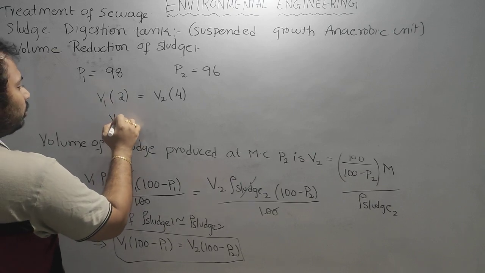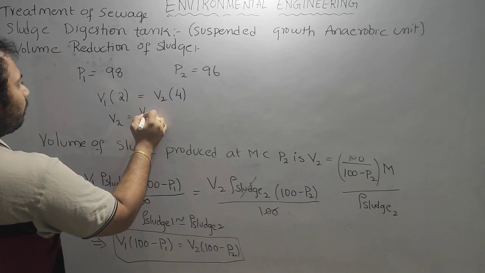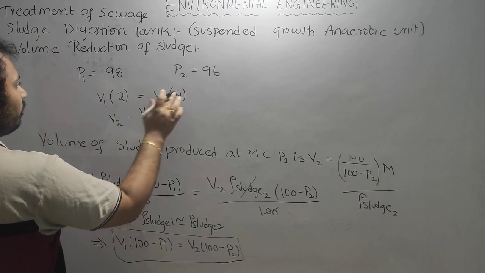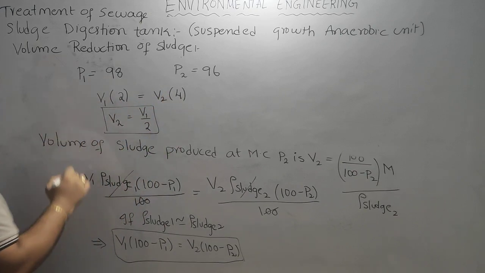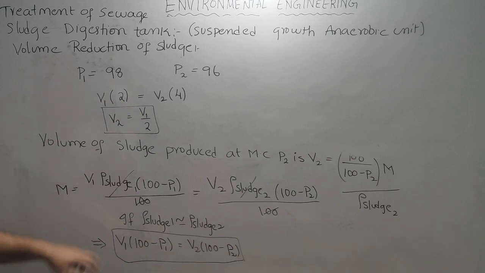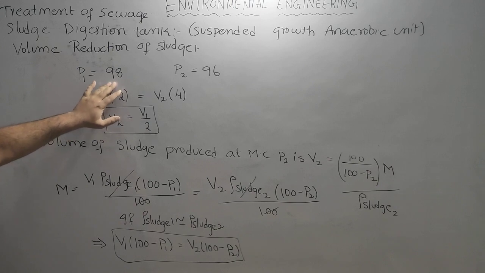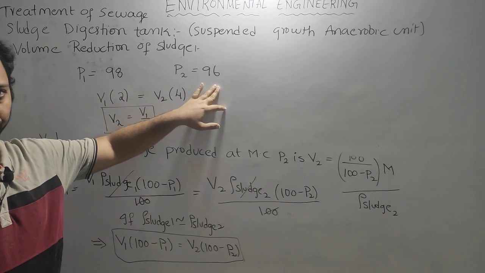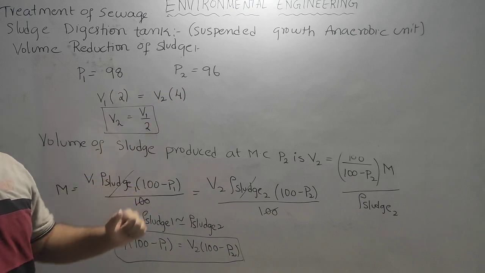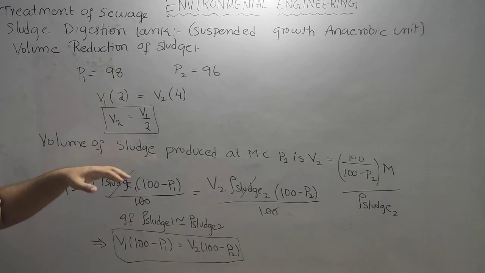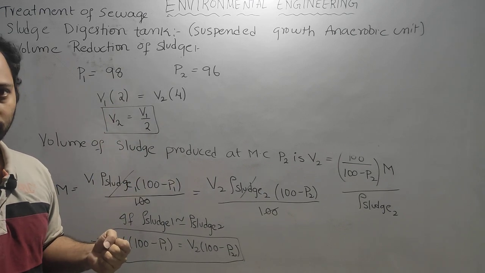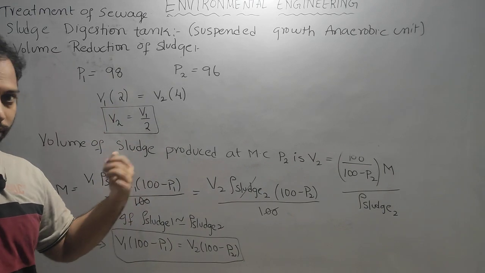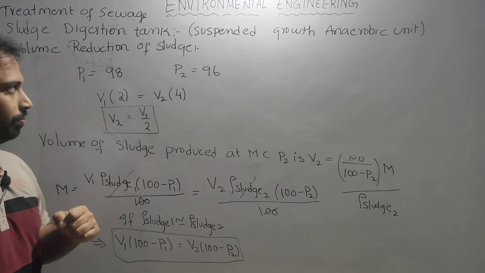Then V2 is equal to V1 by 2, since 2 by 4 is one half. That means the volume is reduced by 50%. Simply by reducing the moisture by just 2%, the volume of the sludge has reduced by 50%. So how much volume of the sludge digester can we save? 50% means half of the initial value.